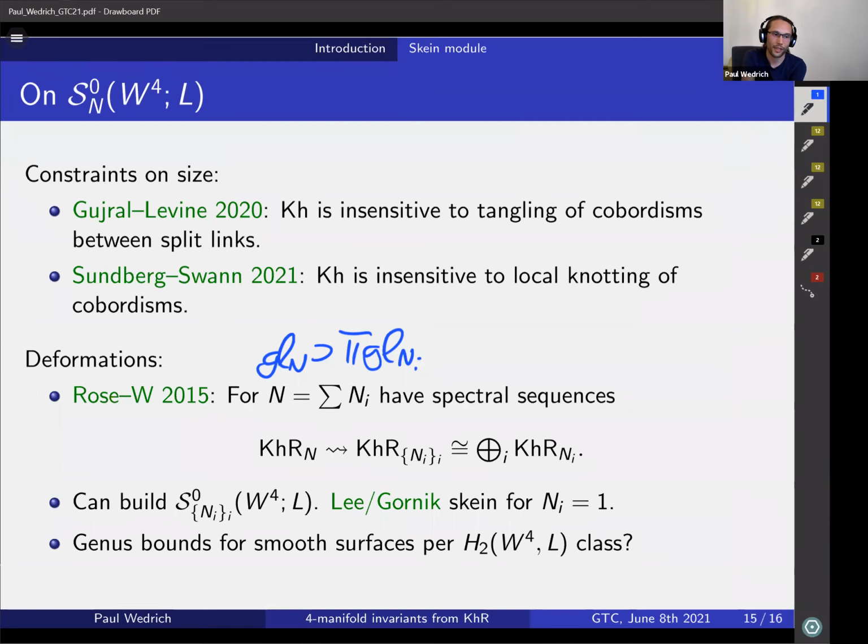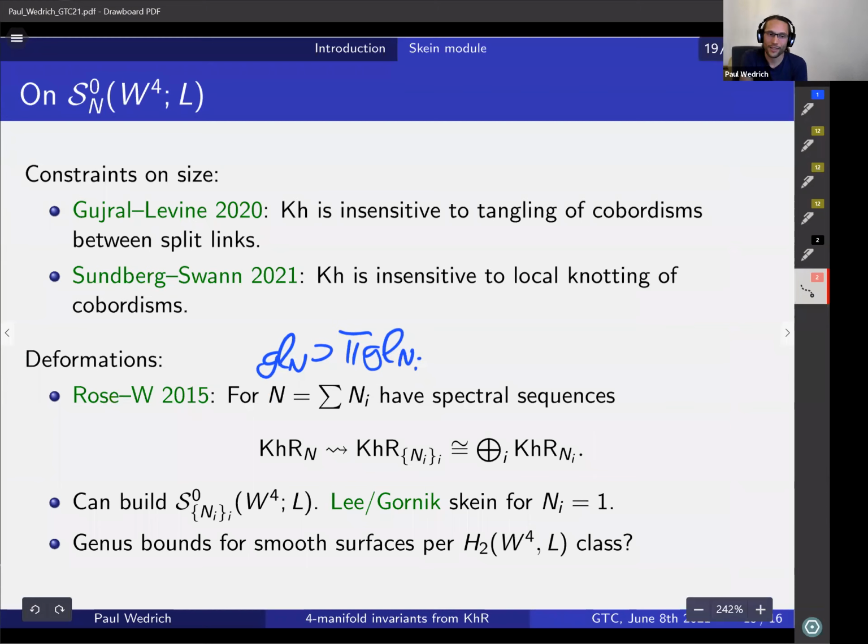And whenever you take such a decomposition of n, then you get an induced spectral sequence from the Khovanov-Rozansky homology for n of a given link to a deformed version of Khovanov-Rozansky homology, which is parameterized by such a decomposition.